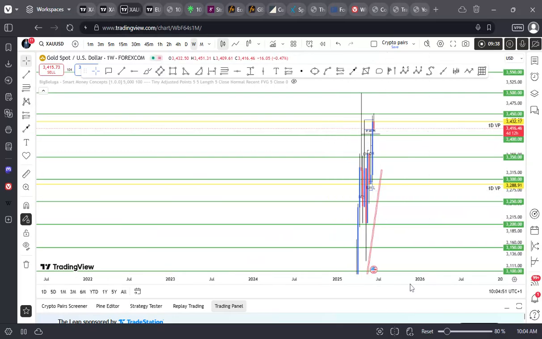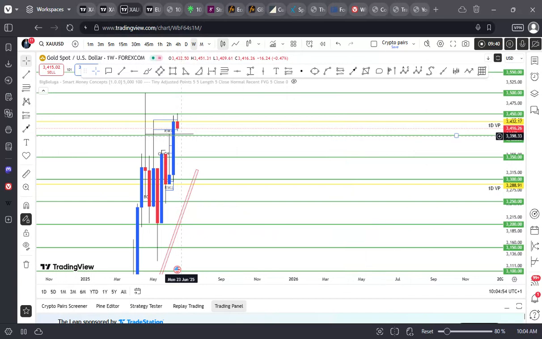On the weekly time frame for XAUUSD, we come over here, we take this to this high, which is the previous week high, and then this is the previous week low.